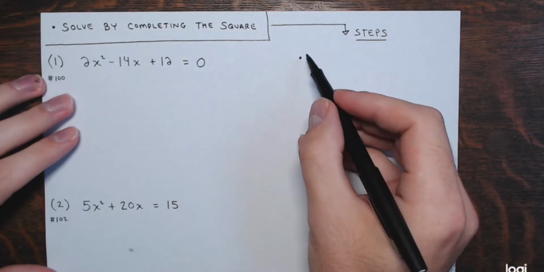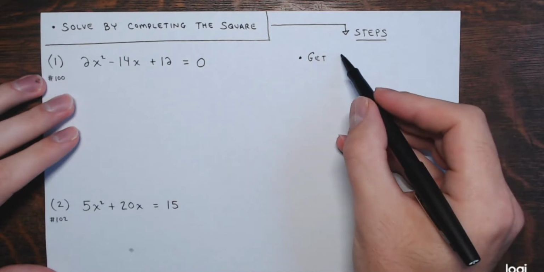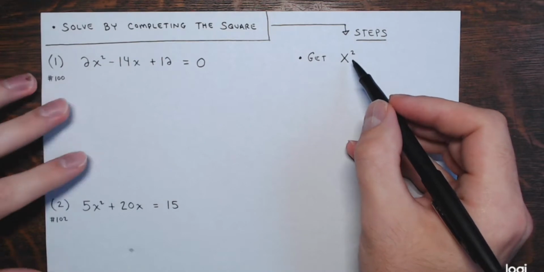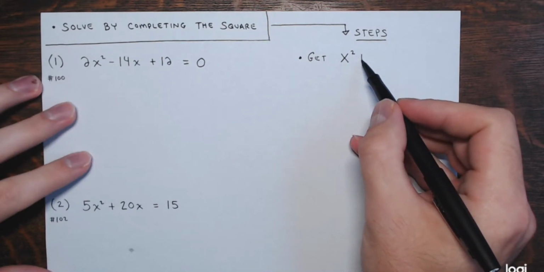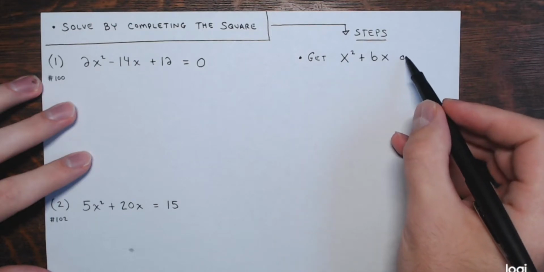So the first step is to get x squared, or whatever the variable is, it's not always x, but get x squared plus bx on its own side.